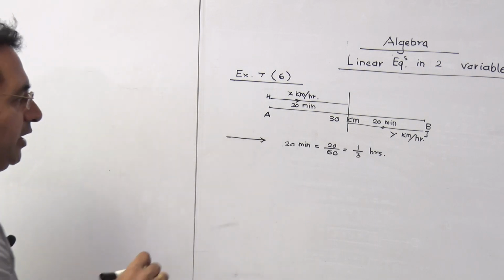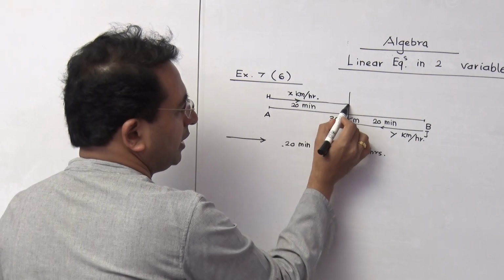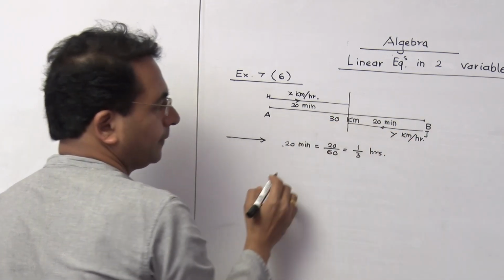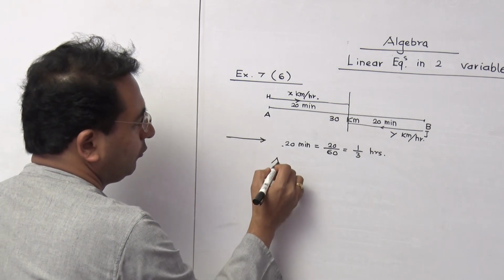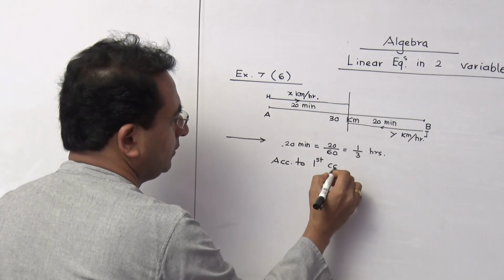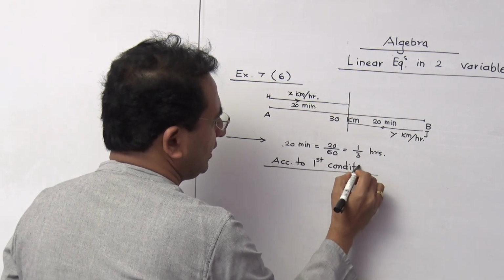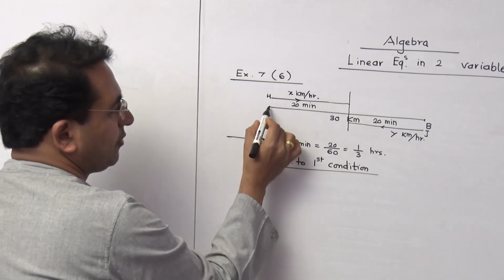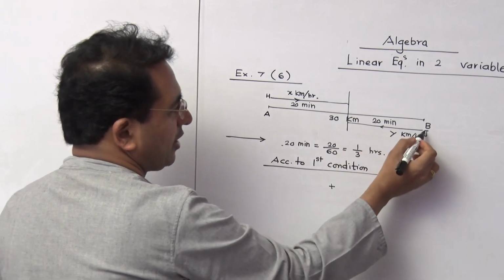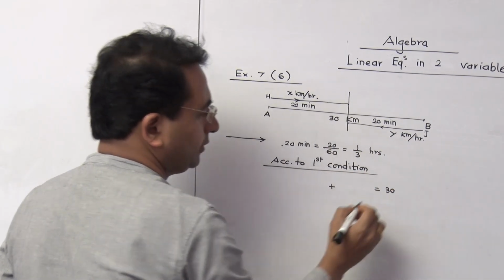Now you tell me what will be the distance traveled by Hamid and the distance traveled by Joseph. Now here we have to directly write, according to the first condition, that the distance traveled by Hamid plus the distance traveled by Joseph is definitely going to be 30.